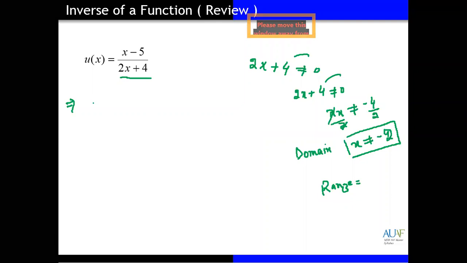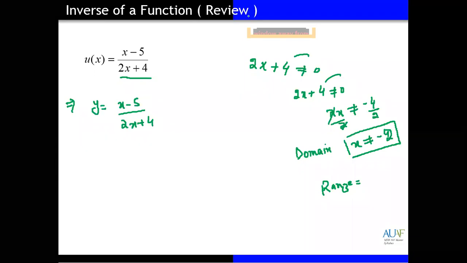So we have y equals x minus 5 divided by 2x plus 4. Step number two is interchanging the values of y and x: replace x with y and y with x.